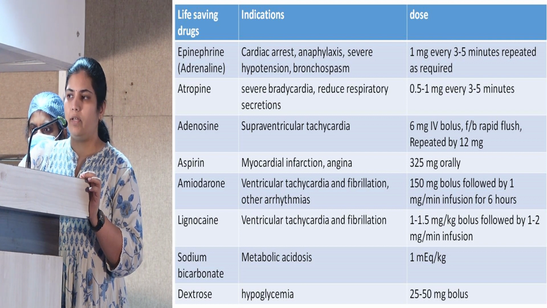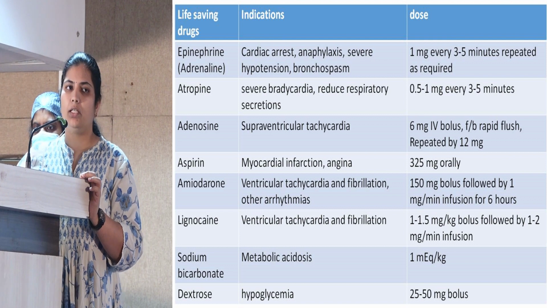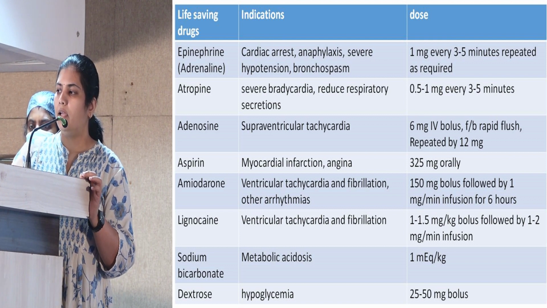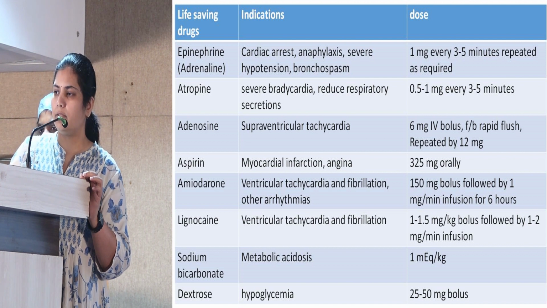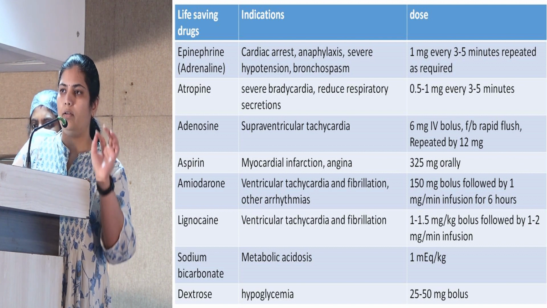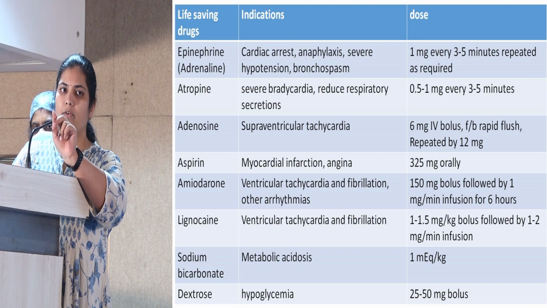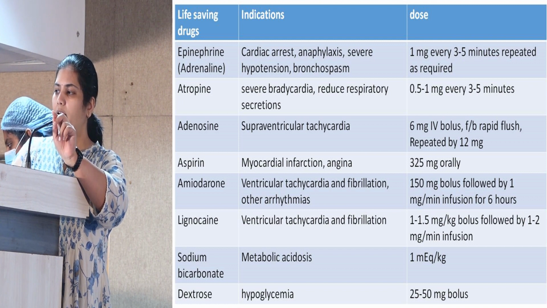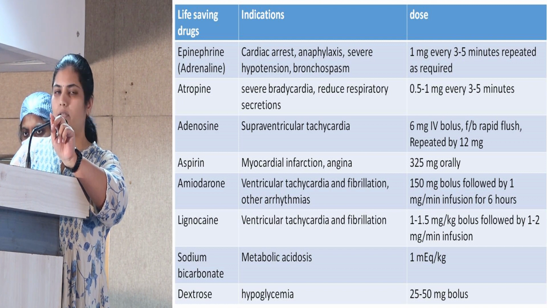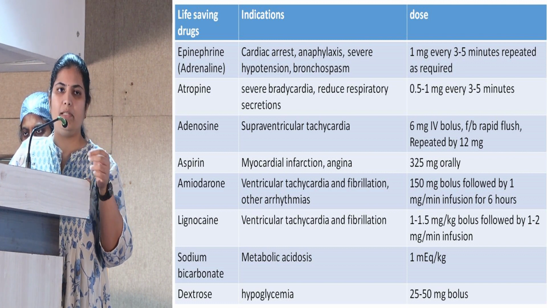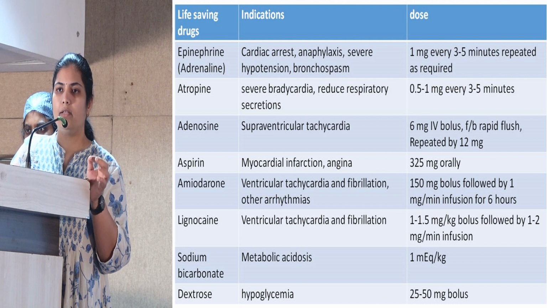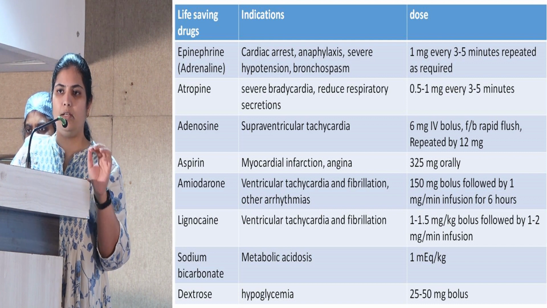So epinephrine is given in cases of cardiac arrest, anaphylaxis, severe hypotension and bronchospasm. One ampule of epinephrine has 1 mg in 1 ml, which we usually dilute in a 10 ml syringe. That makes it a 1:10,000 dilution.